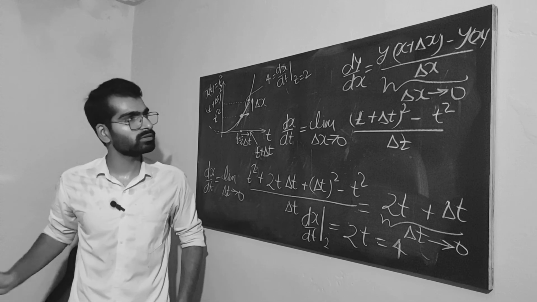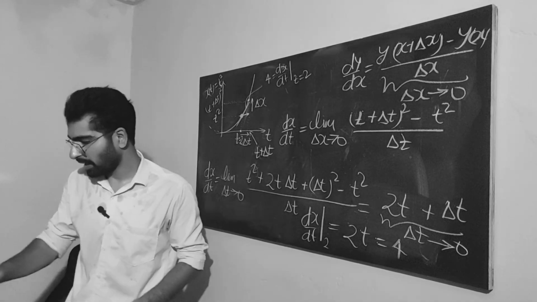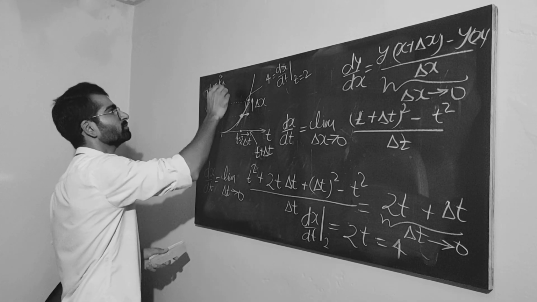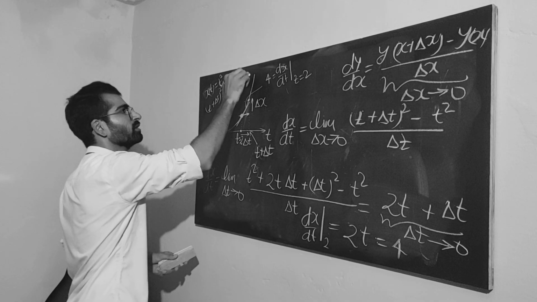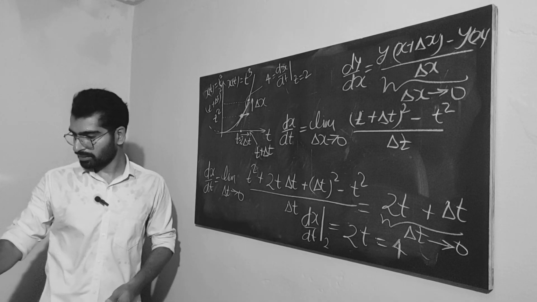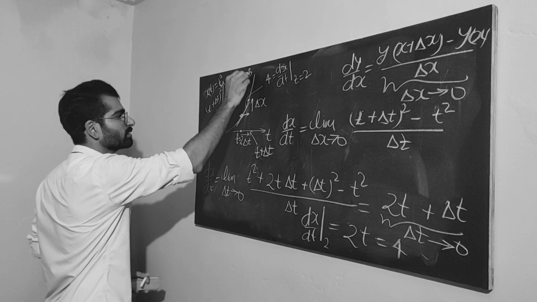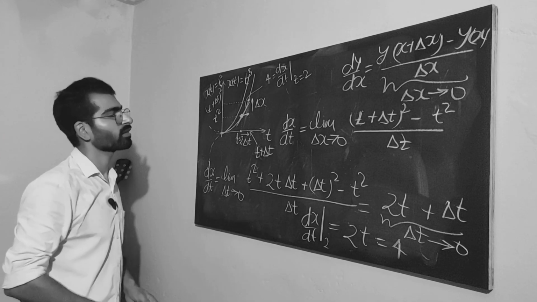And now you could do the same if you had a function x of t equal to t cubed, and the function for t cubed looks like this, something like that.